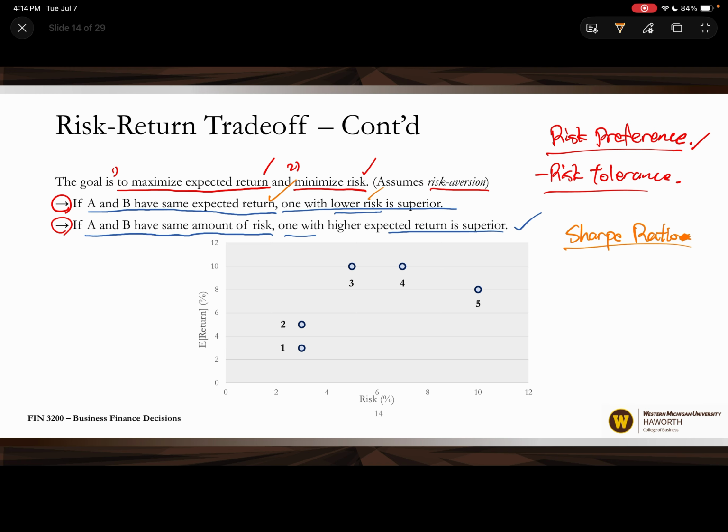So what we're going to look at is the risk of 2. Okay, it's 3% risk and 5% return, right? That's 2. For 3, it's 5% risk and 10% return.